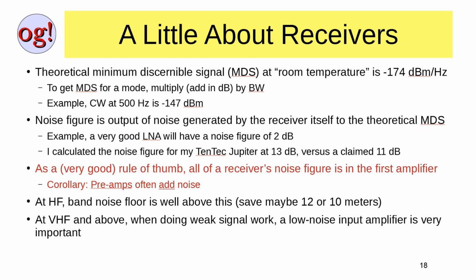Now, at VHF and above, when doing weak signal work, a low noise input amplifier is very important because that's going to set the noise figure for everything that follows. Because all amplifiers add a tiny amount of noise. But the thing is, that's important when you've got a tiny amount of signal.